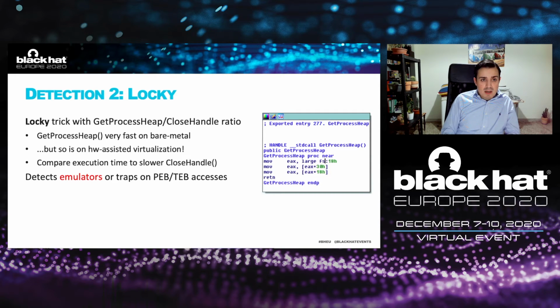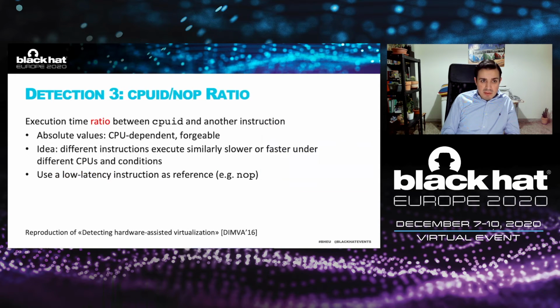But first, there are two more detections to present that were described in, again, the DINVA paper that I referenced before. So we reproduced the research. The first detection is, instead of checking the absolute execution time for CPUID, we make a comparison. We run CPUID in a loop, and then we run another instruction in a loop.